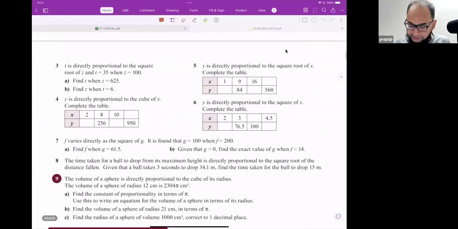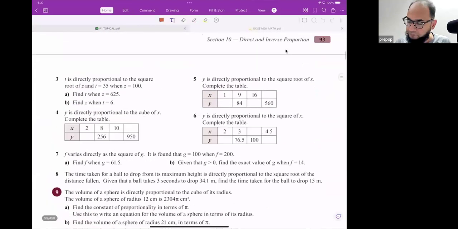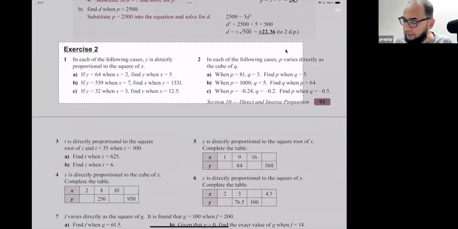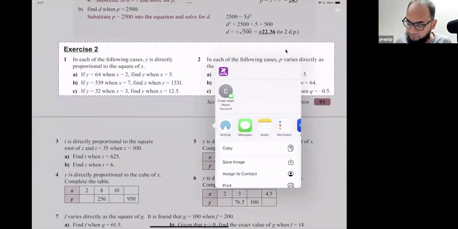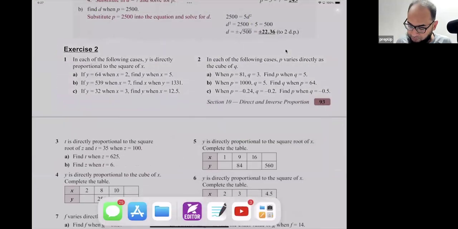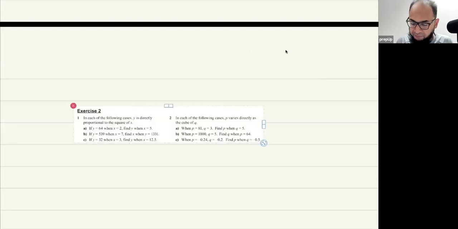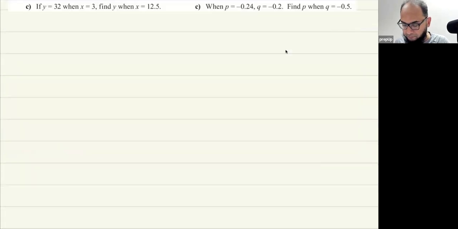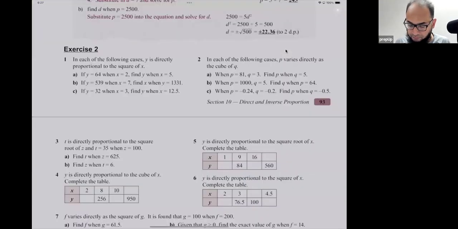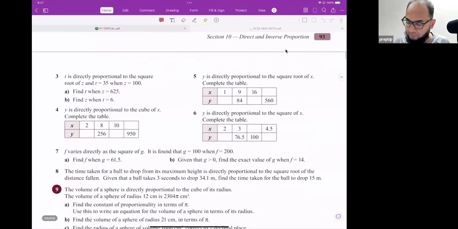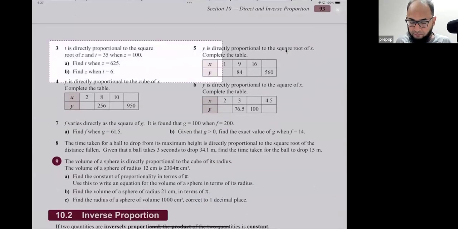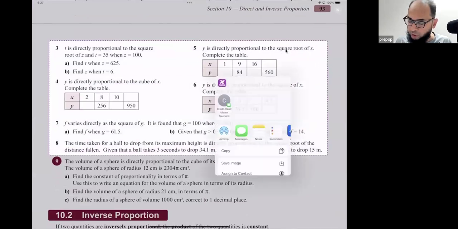There are some questions related to tables and so on. Let me just copy this. This is exercise 2. Some very, very basic questions. I'll do one or two of them.